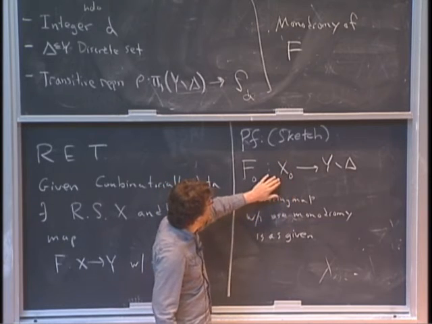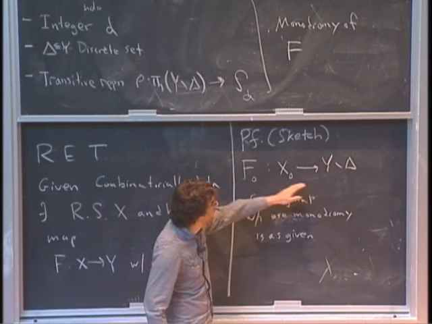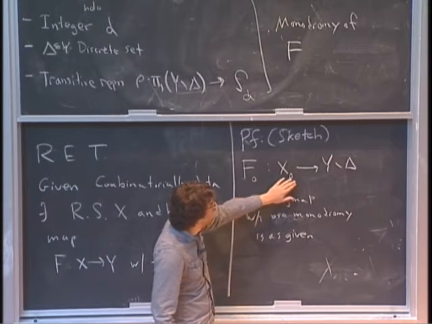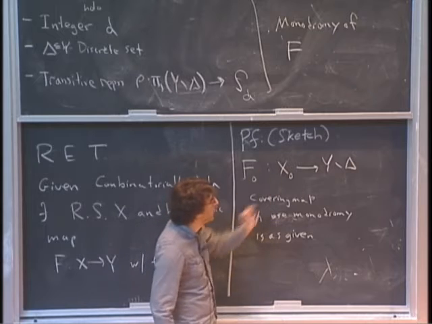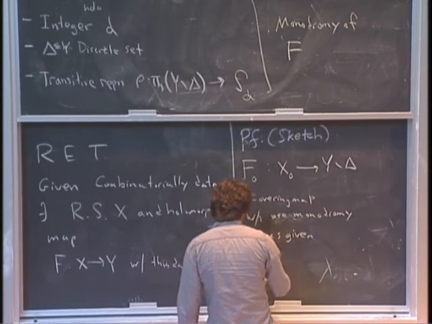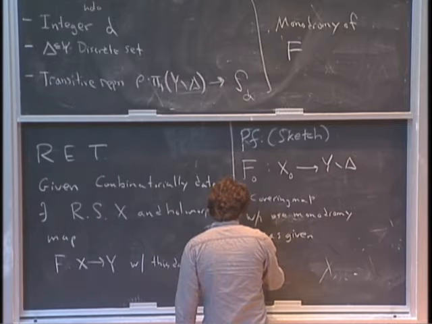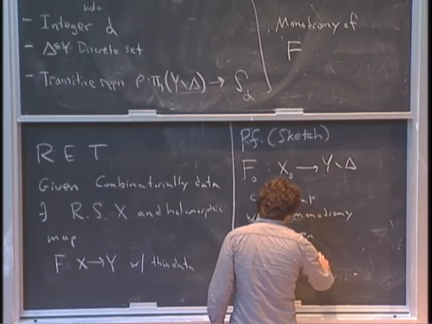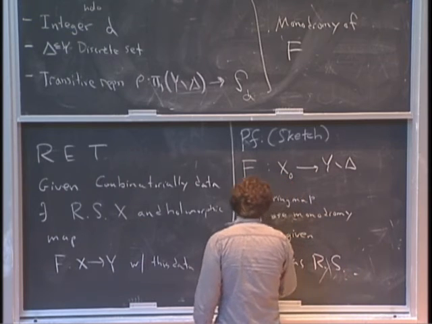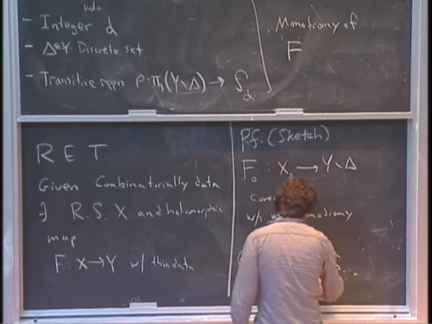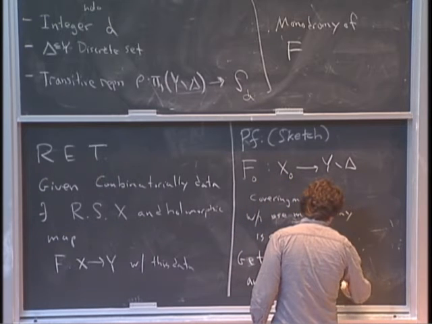You can set everything up so this is a biholomorphism locally, so you can induce a Riemann surface structure. In doing so, you actually get X0 as a Riemann surface, and F0 as a holomorphic map.